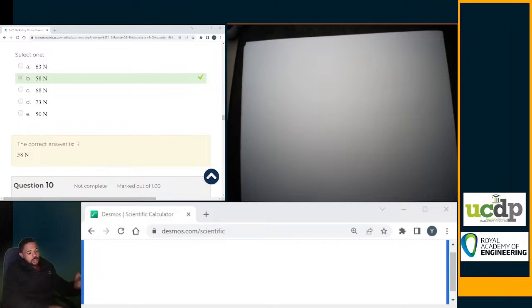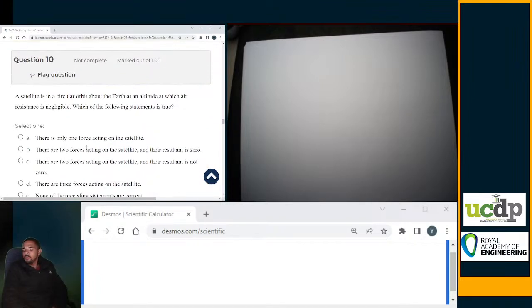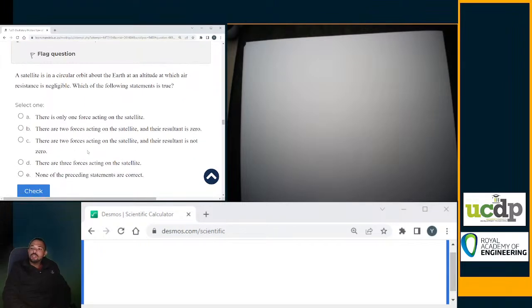Continuing, question number 10. A satellite is in a circular orbit about the Earth at an altitude at which air resistance is negligible.